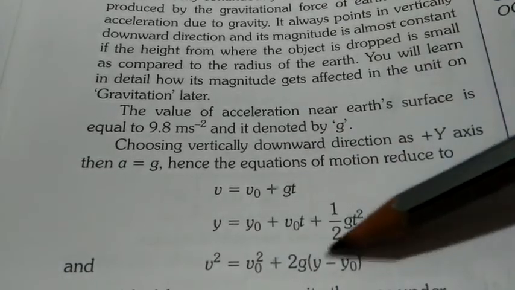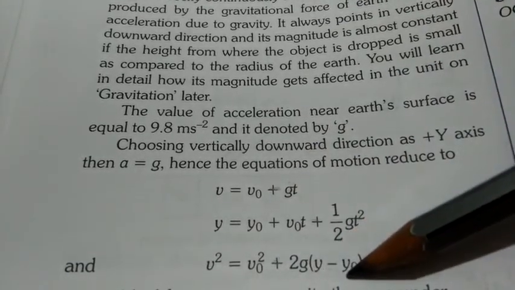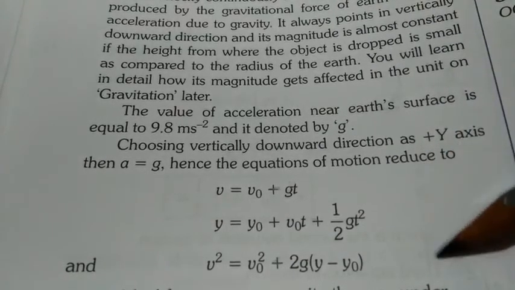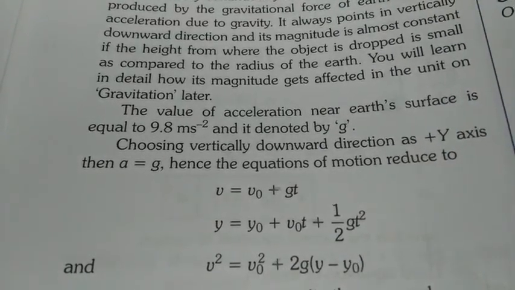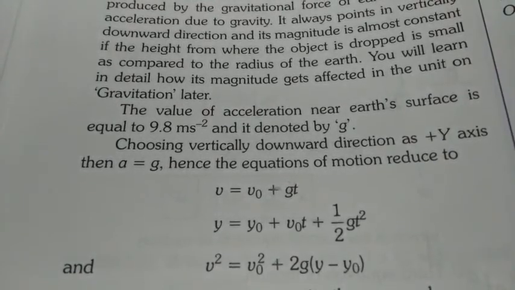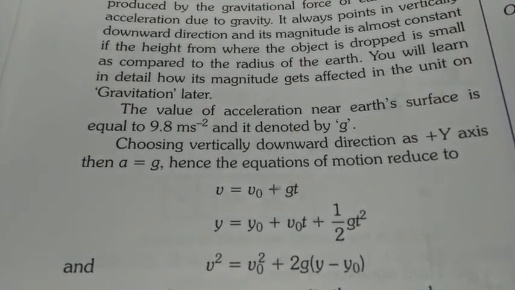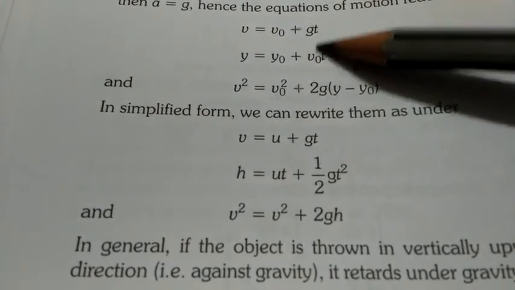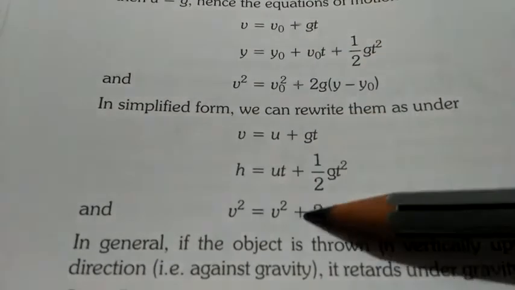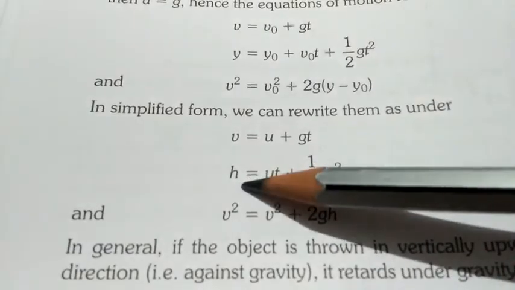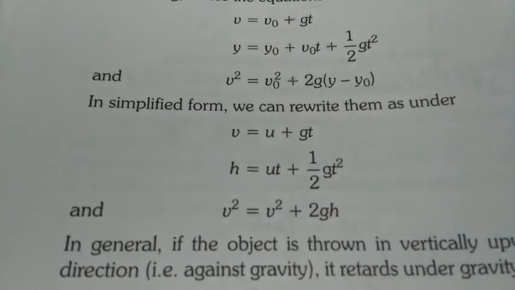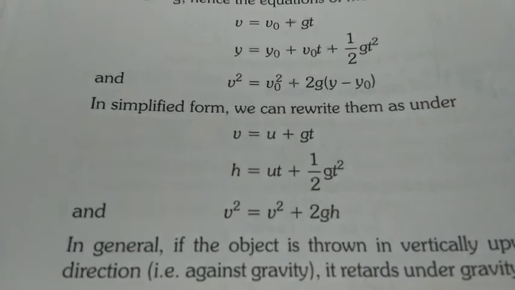And one more thing: y minus y naught is the vertical distance, and vertical distance we can consider as height. So in place of y minus y naught, you can also write h. So these equations can be written like this also. In place of y minus y naught, we have written h. So this is all about the three equations of motion.